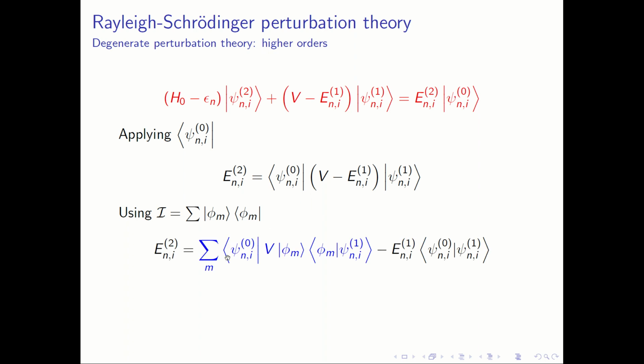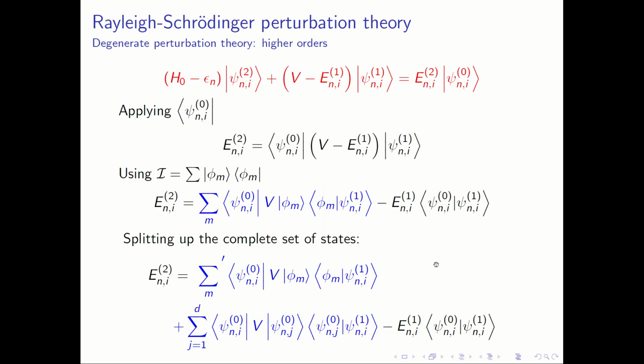So the first term simply becomes the sum over all m, psi 0 ni V, then the phi m identity operator, psi 1 ni. Of course, the second term here is simply minus E1 ni, which is just a number, times this particular projection. Now we can split up this complete set of states, the sum over all m, into two pieces.